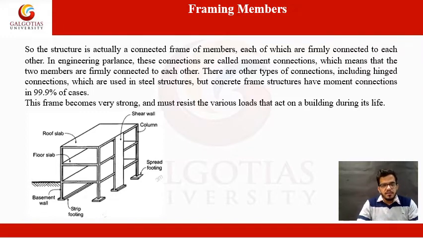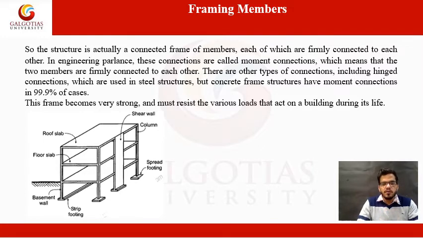So the structure is actually a connected frame of members, each of which is firmly connected to the others. In engineering, these connections are called moment connections, which means that the two members are firmly connected to each other. There are other types of connections as well, including hinge type connections, which are used in steel structures and not in RCC frame structures.